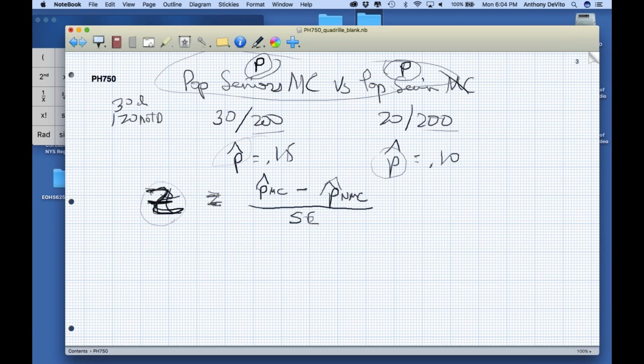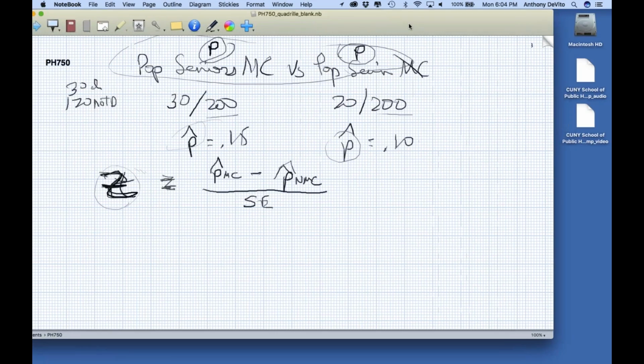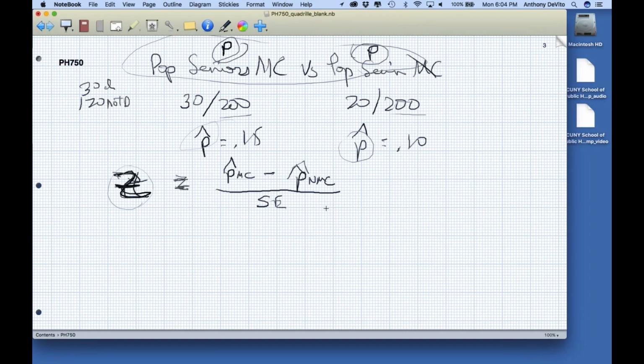Well, we had a little bit of a problem there before when we calculated standard error for the t-score, and that problem was, now that we have two proportions, whose standard error do I use? Do I use this group's standard error, which I'm going to calculate in a certain way, or do I use this group's standard error? Or better yet, perhaps there's a way I can pool these two standard errors.